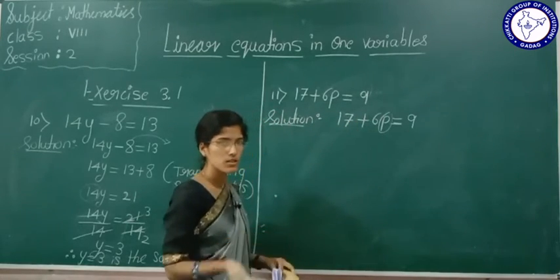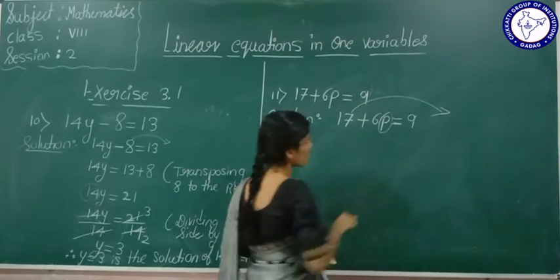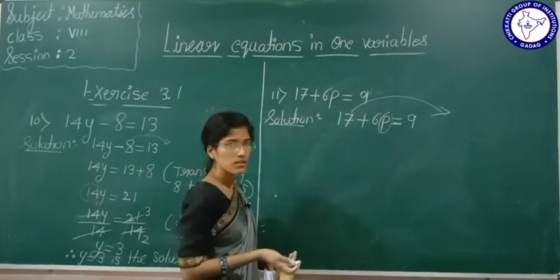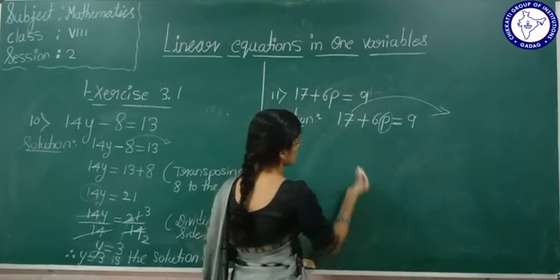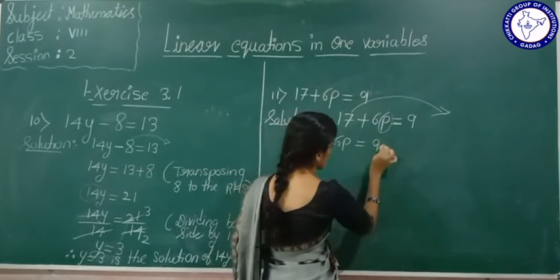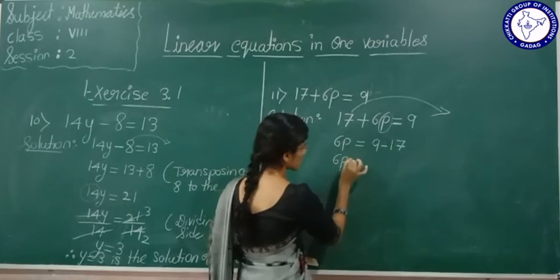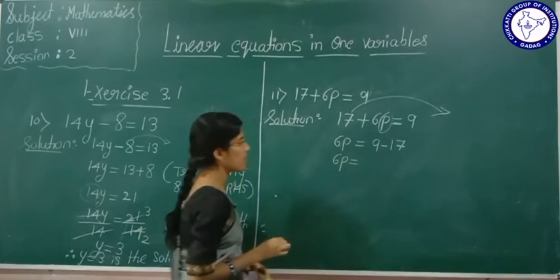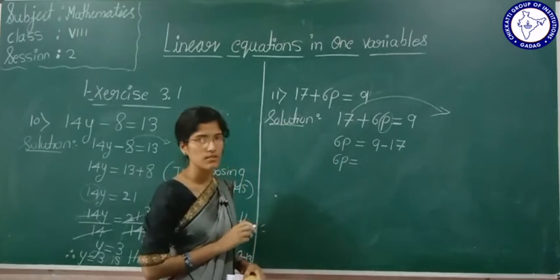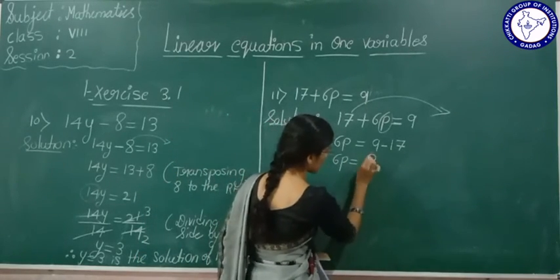How to remove? Simple. We are going to transpose this 17 to the RHS. Yes or no? What will it become? 6p is equal to 9 minus 17. It will be minus 8.